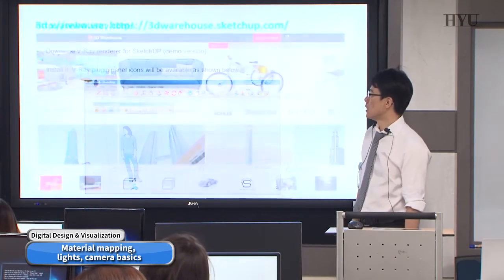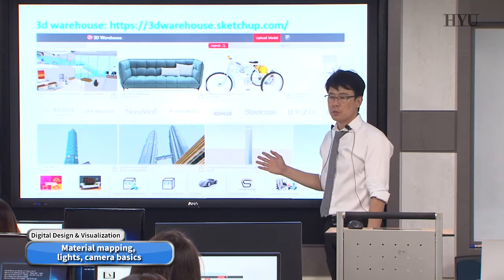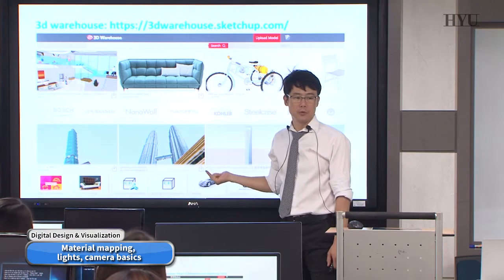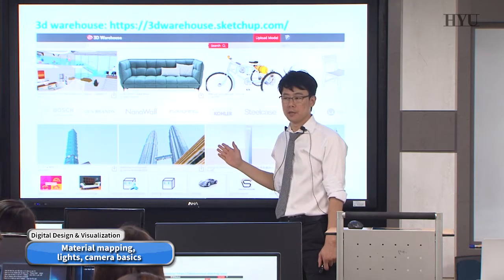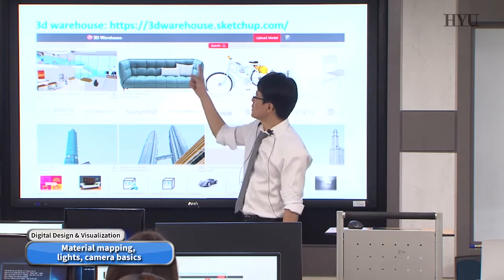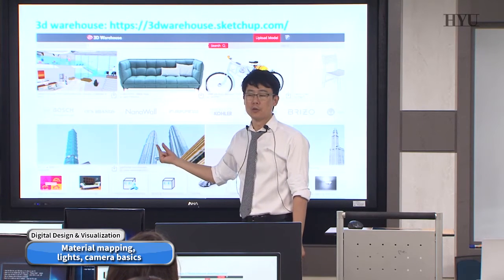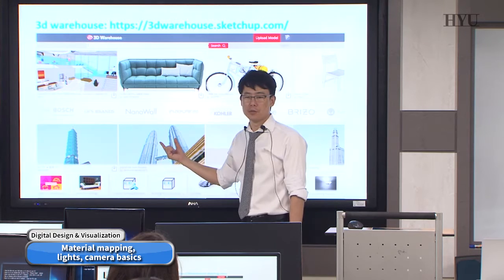SketchUp interface. 3D warehouse, especially for SketchUp, still available and still useful for you. This is today's lab exercise number 5. You can download this couch from warehouse, lower version, okay, older version of SketchUp, SketchUp 8 version, something like that.